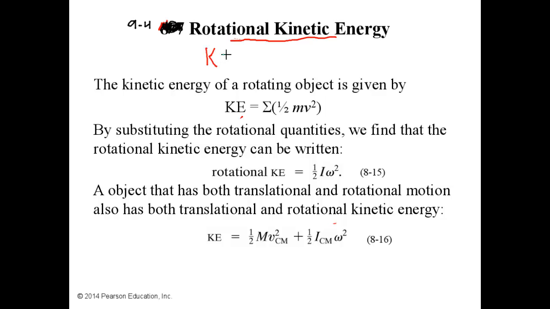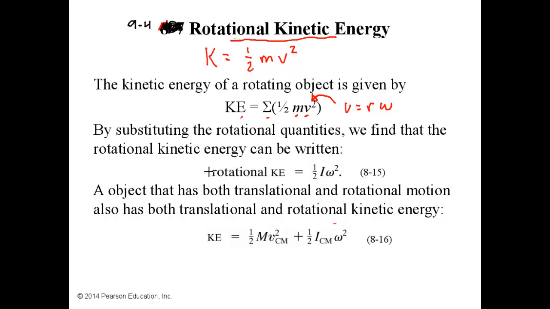We know in the translational sense we write our kinetic energy to be 1/2 mass velocity squared, so that's translational kinetic energy. We can also write the kinetic energy of a rotating object as the sum of all of the tiny little masses that an object is made up of, as well as their velocity. What we can do then is say, well, we know how the velocity is related to the angular velocity, plug that in and get the total kinetic energy of the object.